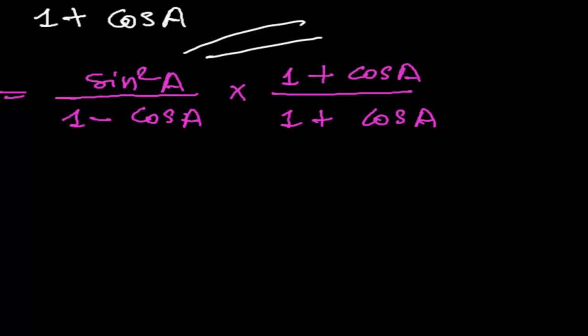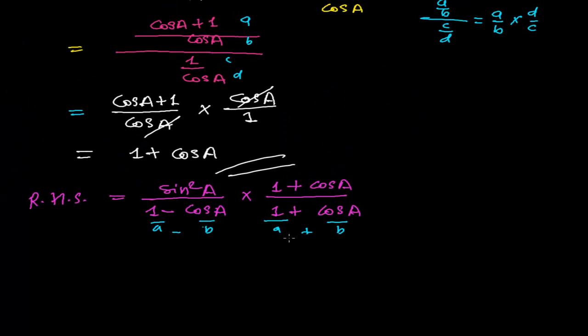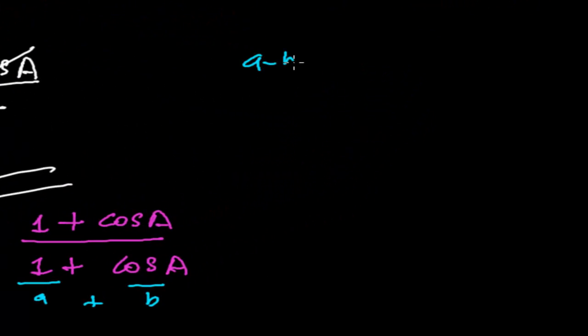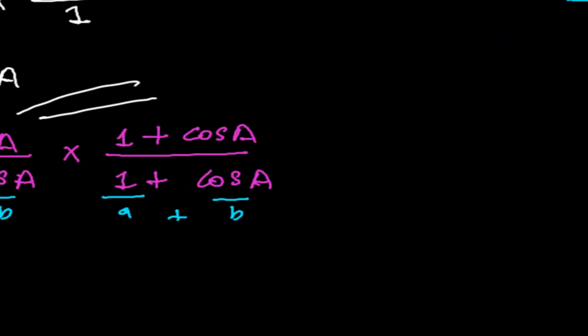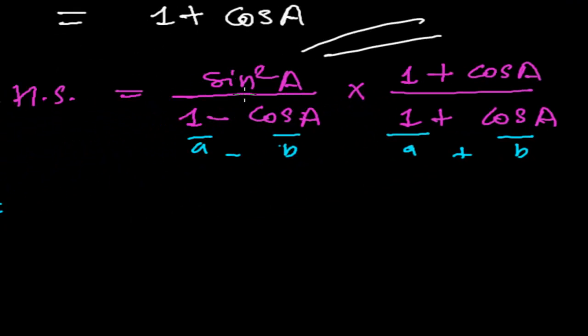By doing so, suppose this is a and this is b, so we have a minus b and a plus b, and a minus b times a plus b is the formula of a square minus b square. This formula I can put there, so that is why I'm multiplying with the conjugate of this.